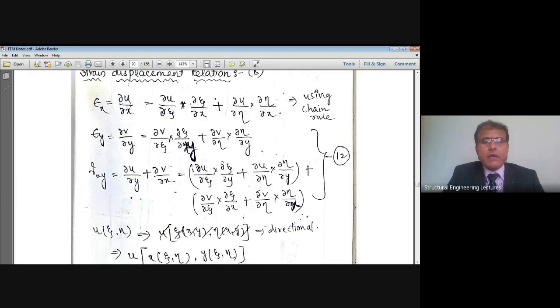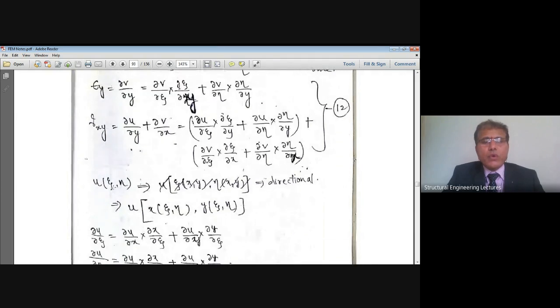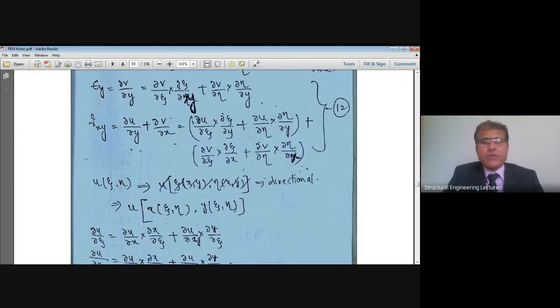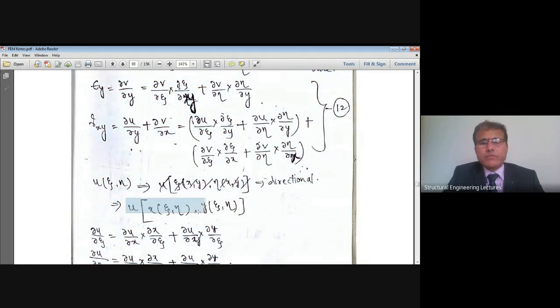However, the displacement u is a function of the Cartesian coordinates x and y, which themselves are functions of the local coordinates xi and eta respectively. That is, the displacement function u is a function of x, which in turn is a function of the local coordinate system xi and eta. Also y is a function of xi and eta.